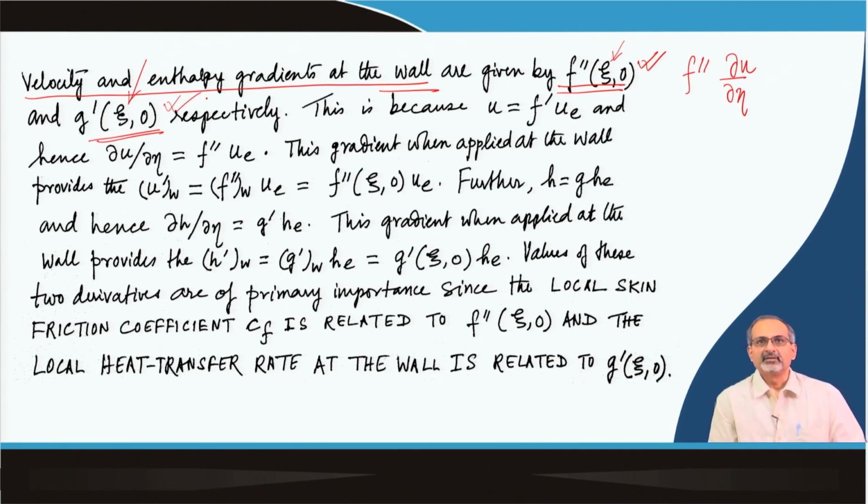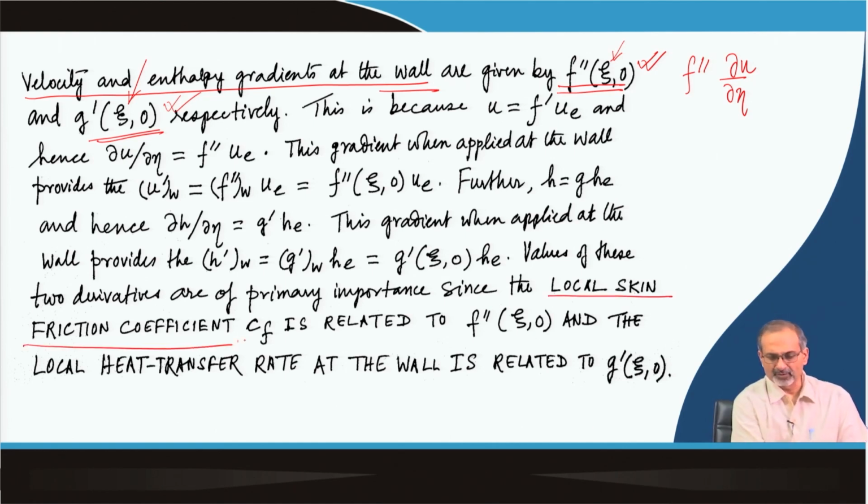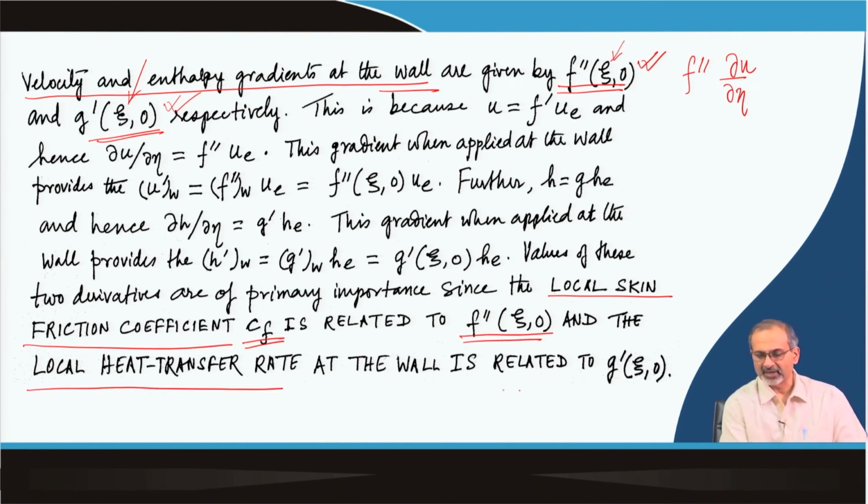Further, the values of these two derivatives are of primary importance, since the local skin friction coefficient, which we signify by Cf, is related to F double dash, and the local heat transfer rate at the wall is related to G dash.